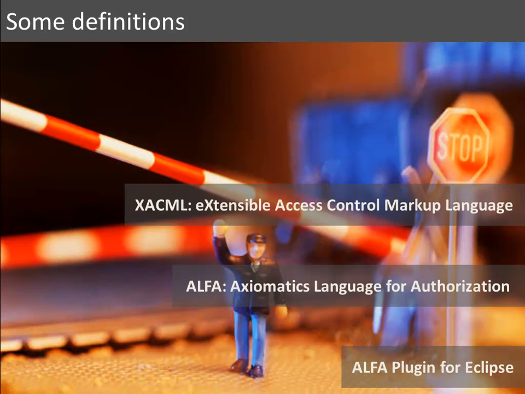To achieve the translation, we will use a plugin called the ALFA Plugin for Eclipse. Eclipse is a popular Java IDE that allows for plugins to be added onto its main IDE to add features such as the translation from ALFA to XACML. The plugin is available for download from the axiomatics.com website. It is a free plugin for non-commercial use.